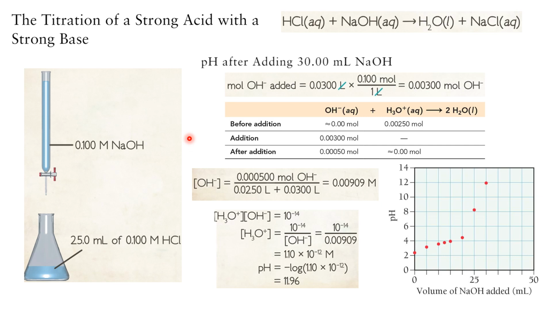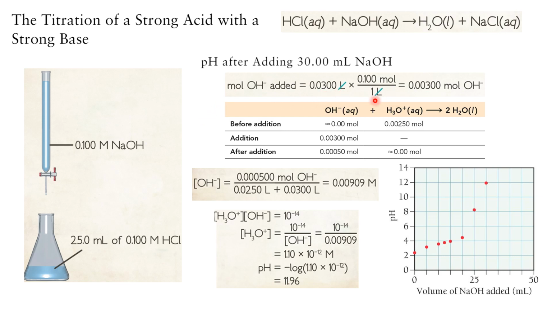All right, what about a pH after adding 30 milliliters of sodium hydroxide? So now we're above the equivalence point. And I want to show you something interesting. What happens when you go above the equivalence point? Well, now, if you're adding 30 milliliters of sodium hydroxide and it has a concentration of 0.100, how many moles of sodium hydroxide do you have?